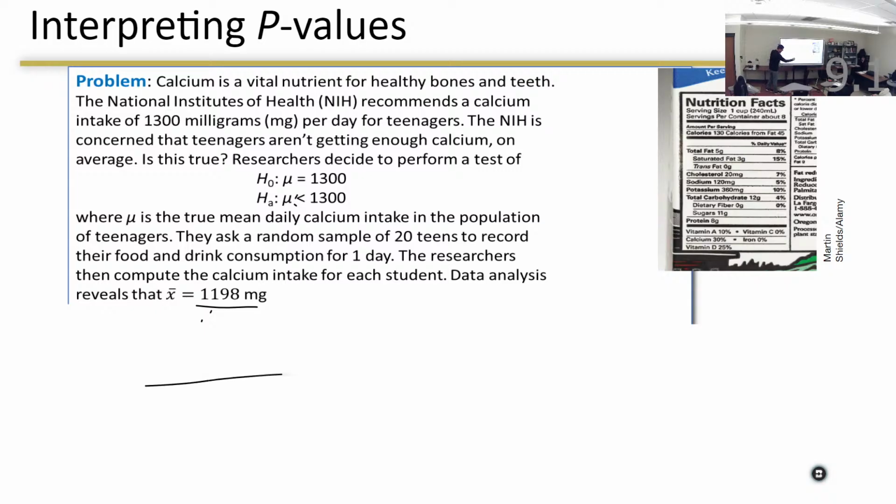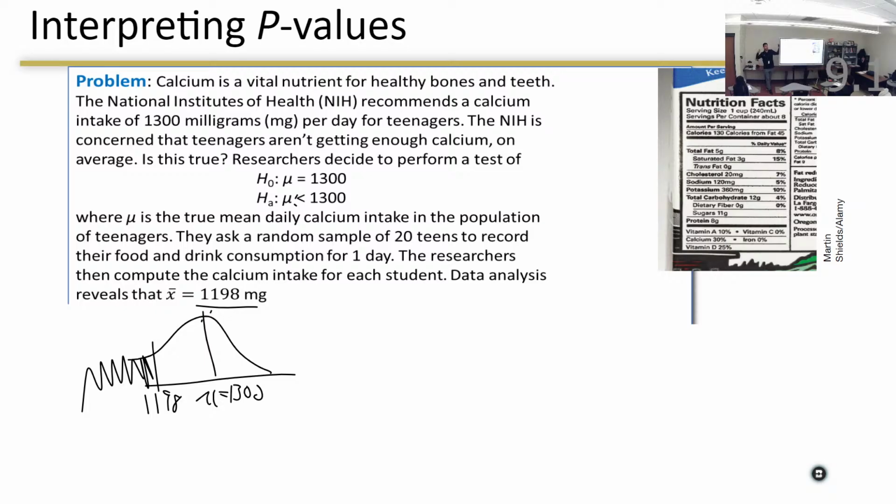Again, we're going to have a normal distribution, with mu at 1,300, and I got 1198 somewhere over here. Normal CDF from negative 9999 to 1198 with that mean, and I don't know the standard deviation because they didn't give it to us.